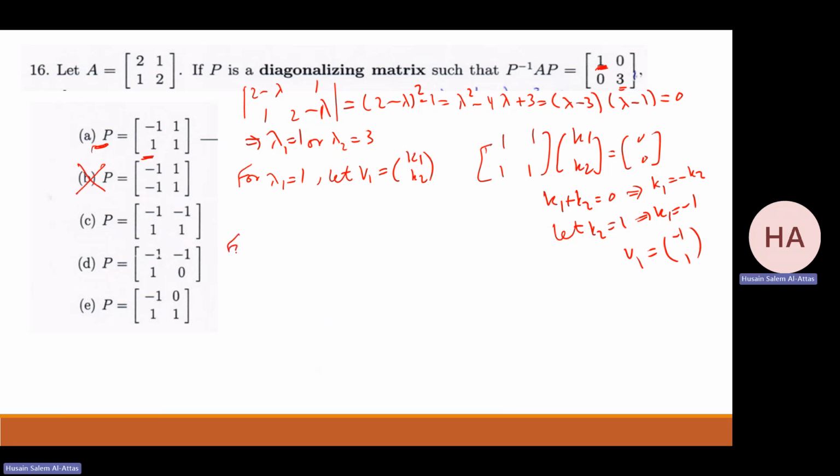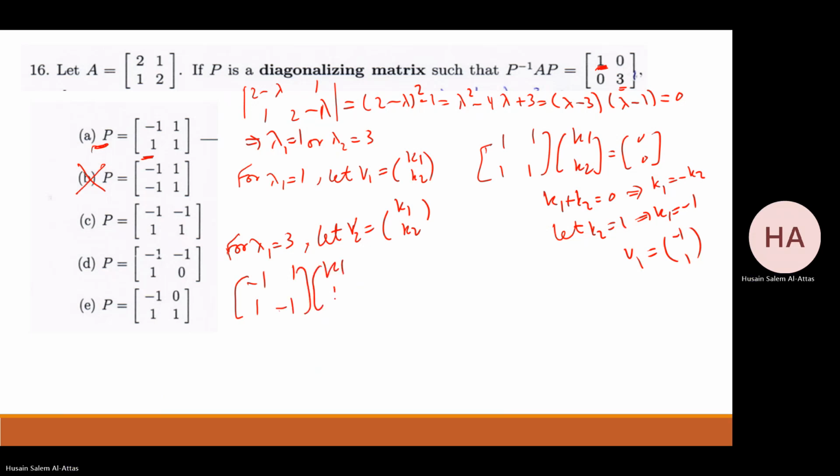Now for lambda 2 equal 3. I let V2 be K1, K2. So what is the system? Minus 1, 1, 1, minus 1, which is an easy one.